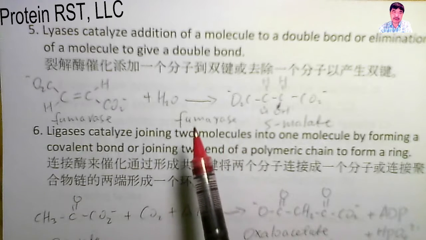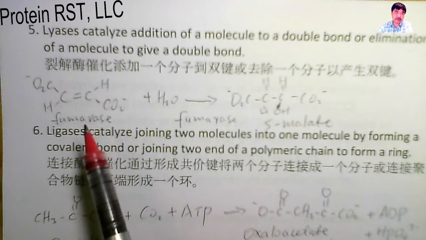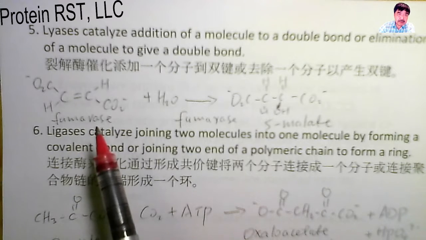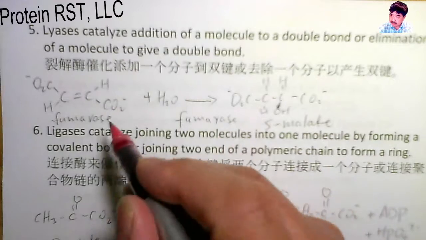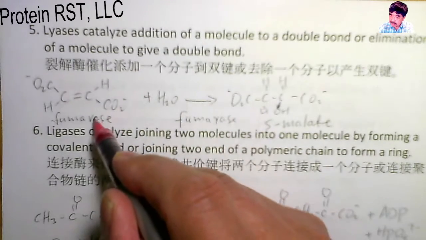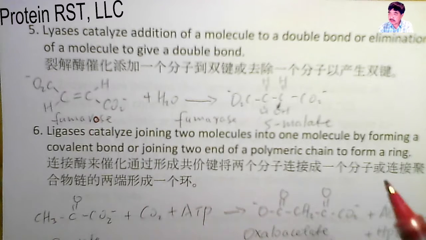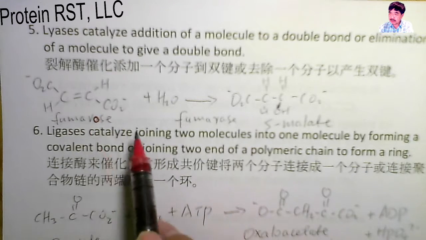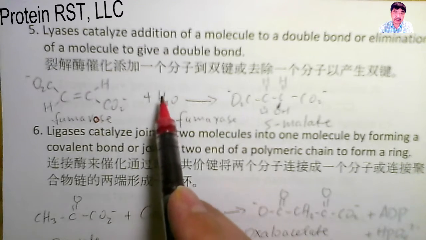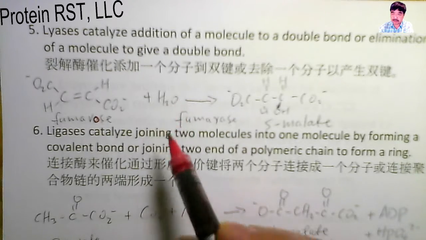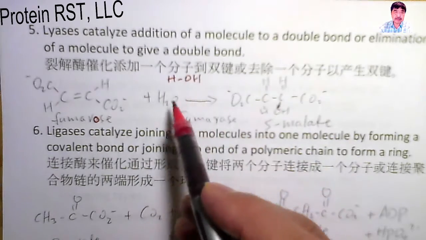This enzyme is called fumarase. They have the double bond here, and then you add water. Water has two groups. One is hydrogen, another hydroxyl group.